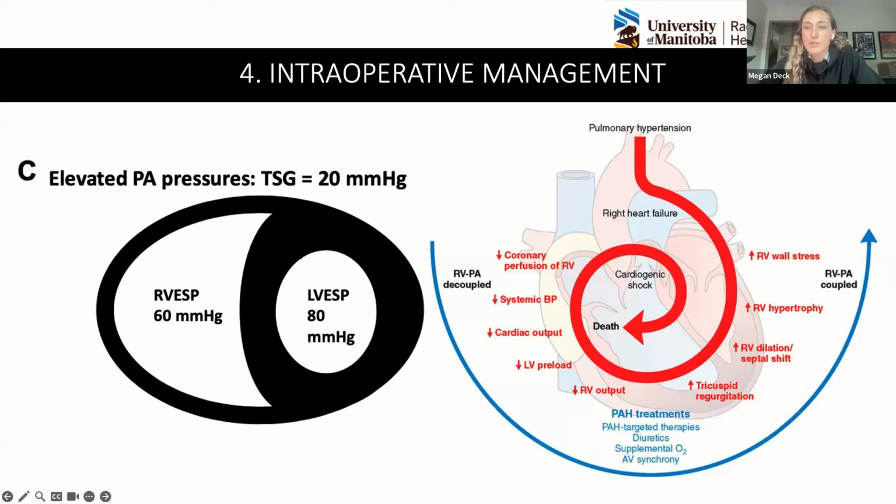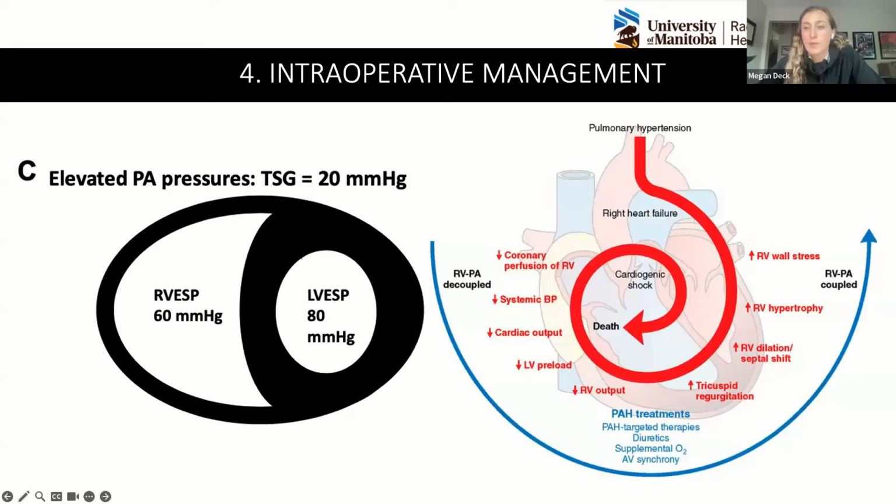The septal shift distorts the normal geometry of the RV, which will result in worsening TR and volume overload and impair RV free wall contraction. Impaired RV systolic function will result in a decrease in RV cardiac output and subsequent decrease in LV preload, which will then decrease LV cardiac output.